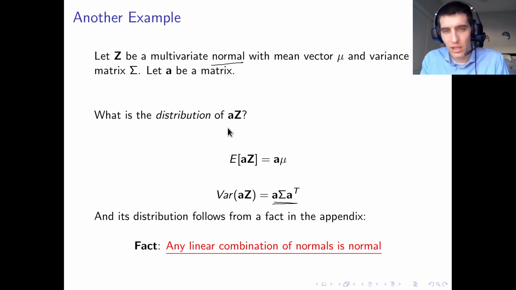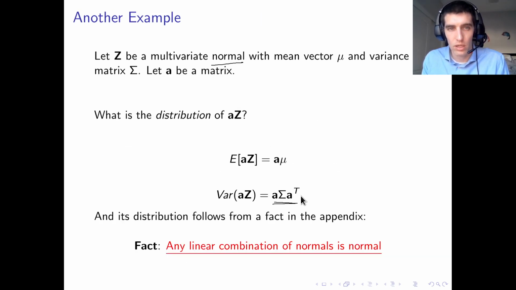So what we have here is A times Z. This is going to give me a random vector where each one of its elements is a linear combination of normals, because each of the z's is normal. Because each one of the elements is normal, this is in fact a multivariate normal distribution with a different mean and different variance.